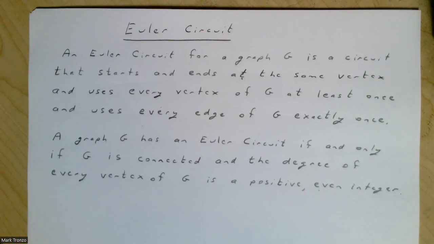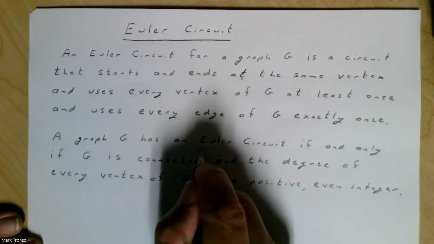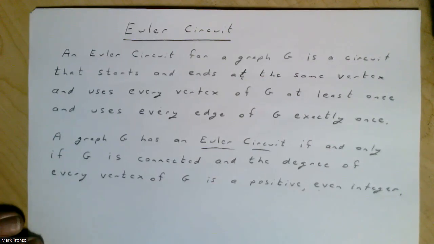So if the graph is connected and the degree of every vertex is a positive even integer, then you have an Euler circuit. If it's not connected, obviously you don't have an Euler circuit. And if the degree of any vertex is not a positive even number, then you don't have an Euler circuit.